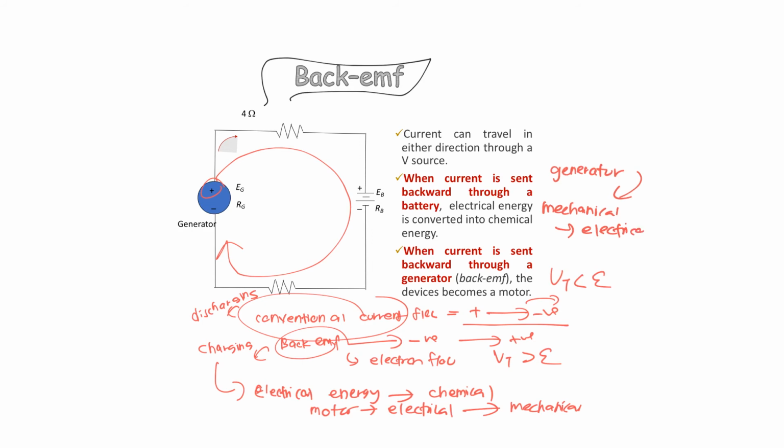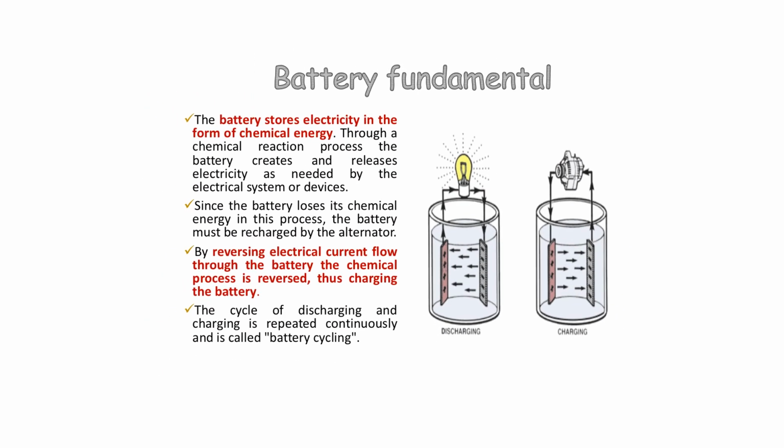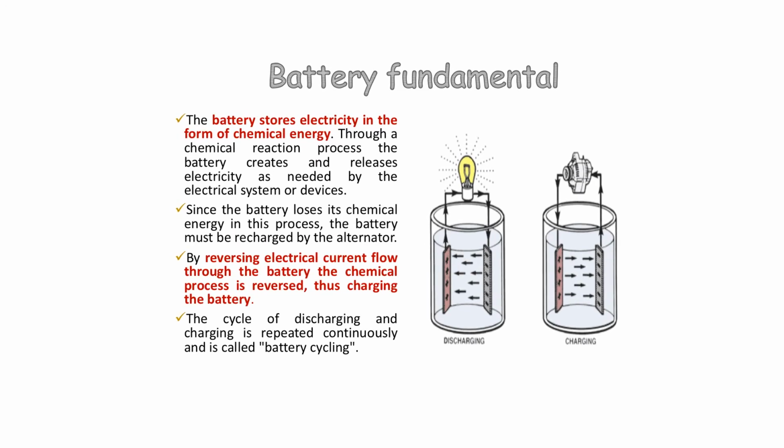So that is the difference between discharging and charging. I think you already know how the battery works. I just want to emphasize that a battery converts energy from chemical to electrical, whereas a motor converts from electrical to mechanical.